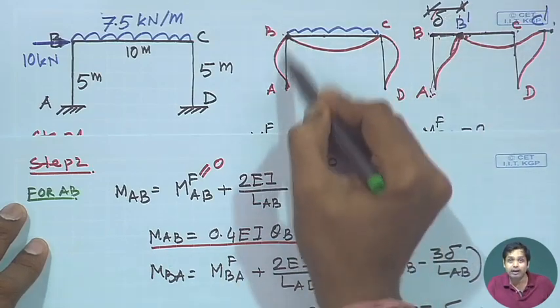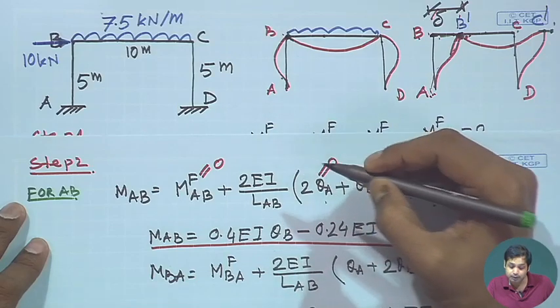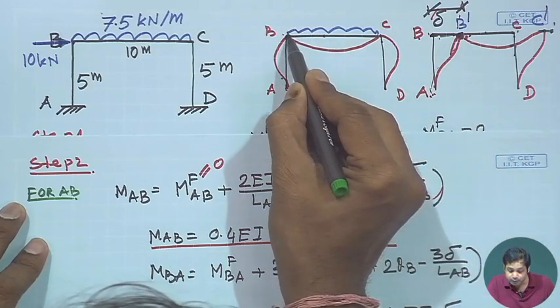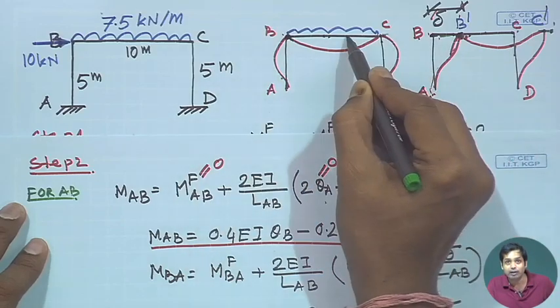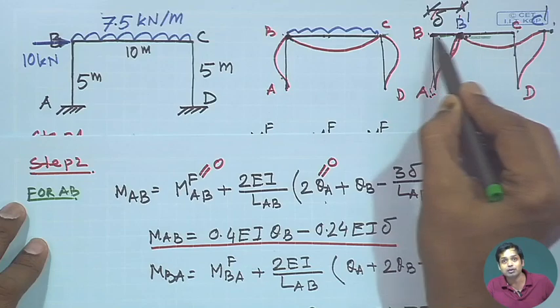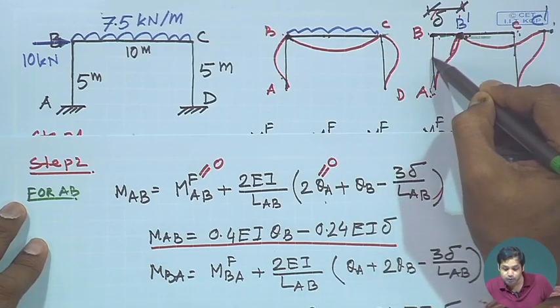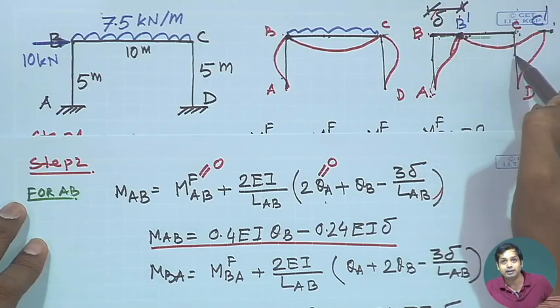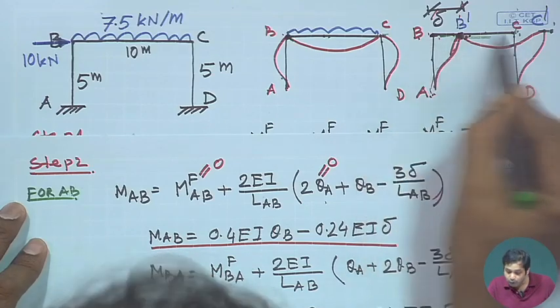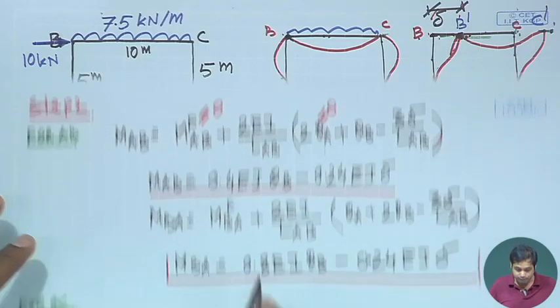When we consider member AB, the joint settlement will be in this direction or in this direction. For CD also, either in this direction or in this direction. But when we consider member BC, joint settlement means either joint B goes here, or joint C moves in the vertical direction, but that is not happening here. So, for member BC there is no settlement, and the contribution from the settlement will be 0.